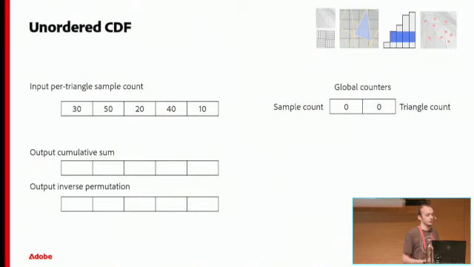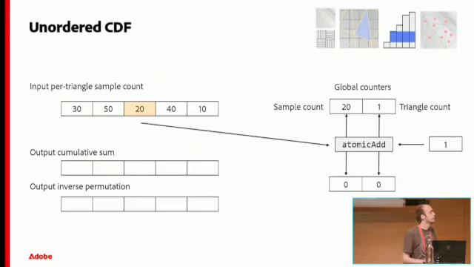So how does it work in practice? Well, starting from our input per-triangle count, we want to output the cumulative sum and the inverse permutation. For that, we need two global counters: one for the partial cumulative sum of the samples, and one that counts the number of triangles processed so far. So for example, let's say the first triangle to process is this one.